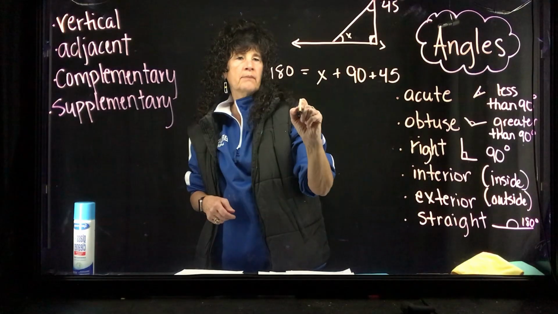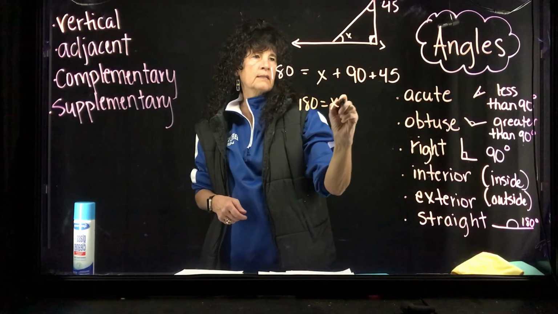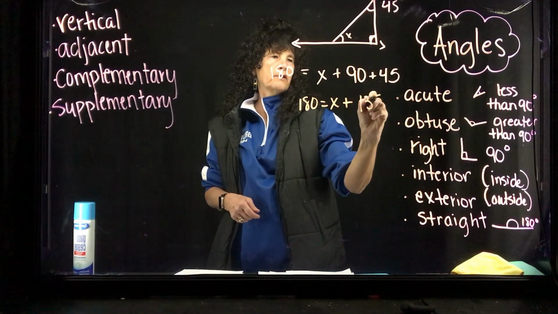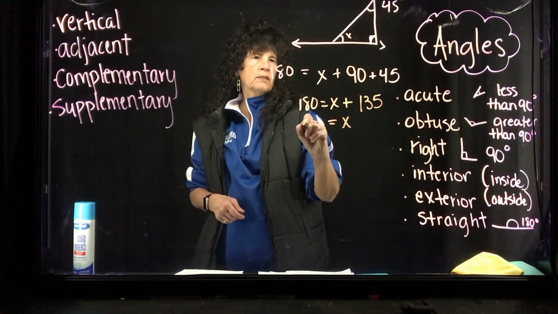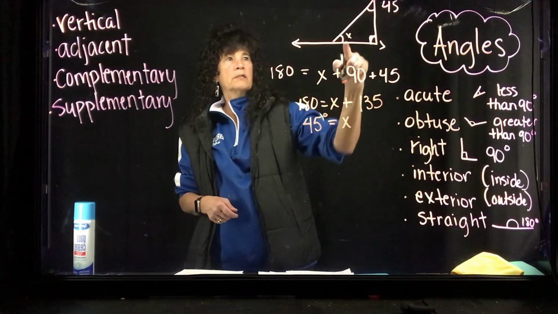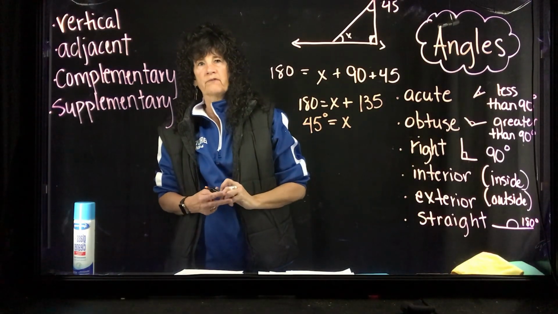In this case, that means that 180 equals x plus 135, and then x is going to equal 45 degrees. So that means this angle is also 45 degrees.